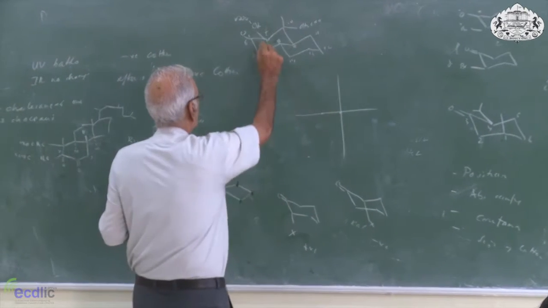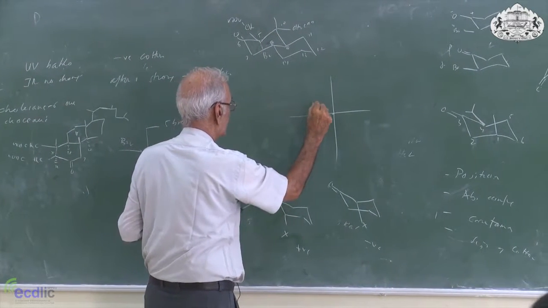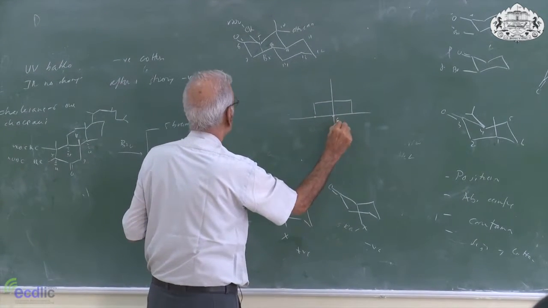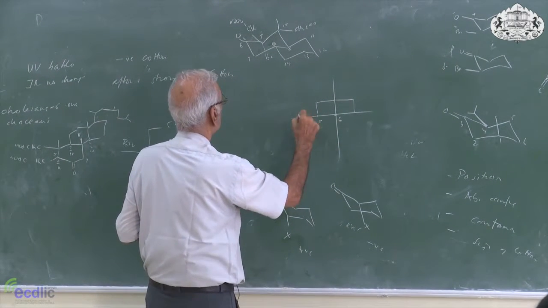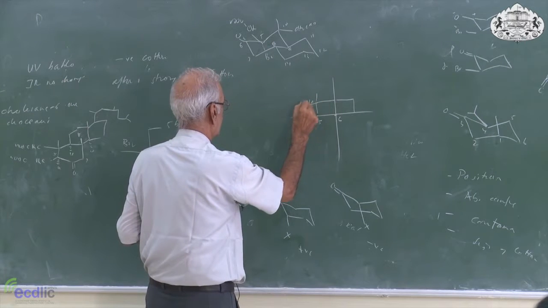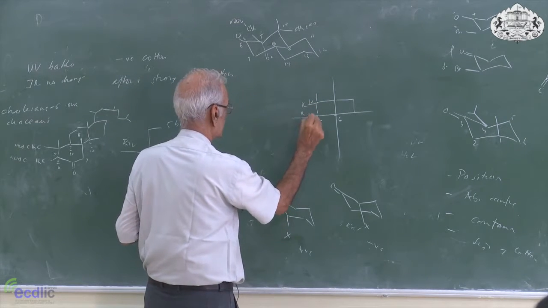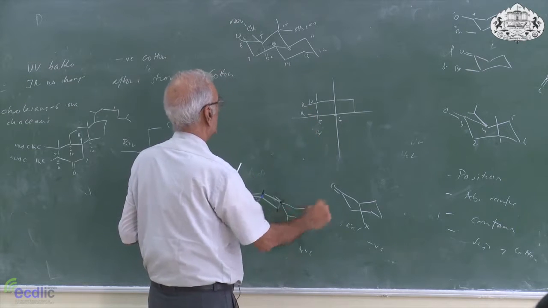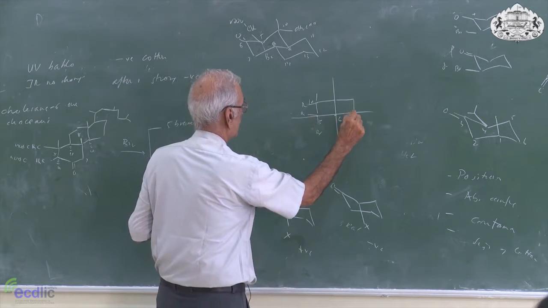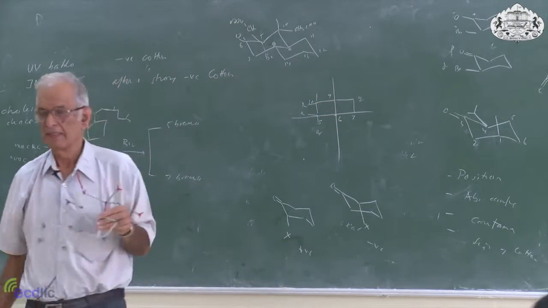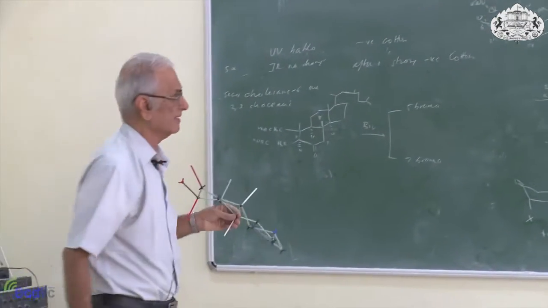Then your 10 position is here, 9 position is here, 6, 5, 10. 7, 8, 9. Now what we are trying to show is this.